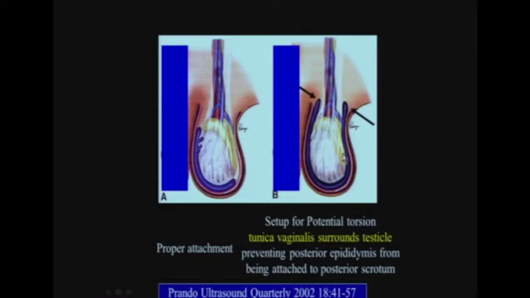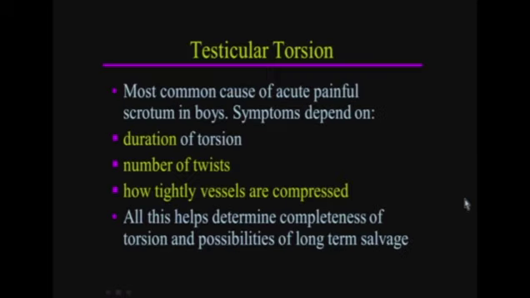So this testicle sits within the scrotum, surrounded by tunica vaginalis, which has no part of the testicle tacked, and looks like a clapper in a bell, potentially twisting and decreasing vascular flow from the testicular vessels seen superiorly.